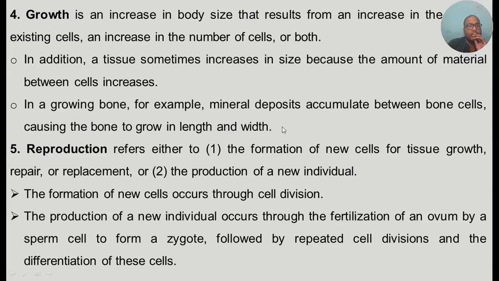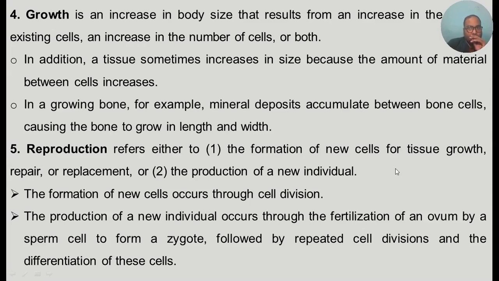Reproduction refers either to the formation of new cells for tissue growth, repair, or replacement, or the production of new individuals. So there are two types of reproduction. One is reproduction of a new individual, and also, if there is formation of new tissue, new cells are produced, replacement of cells.